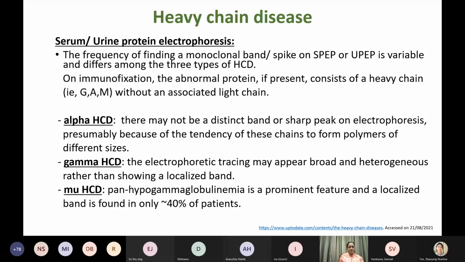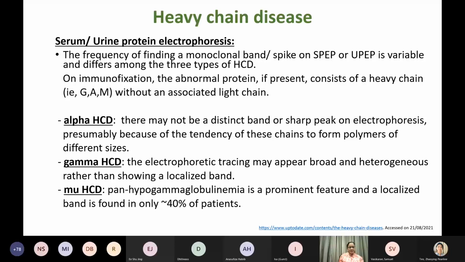In alpha heavy chain disease, usually there may not be a distinct band or sharp peak on electrophoresis, presumably because of the tendency of these chains to form polymers of different sizes. In gamma heavy chain disease, we could sometimes see a tracing, but it appears broad and heterogeneous rather than showing a localized band.